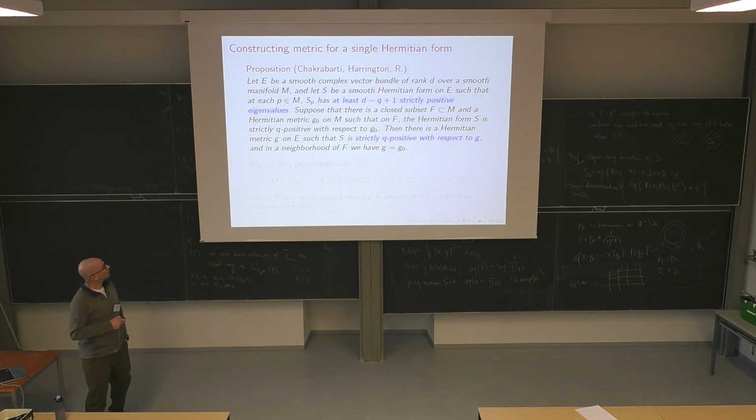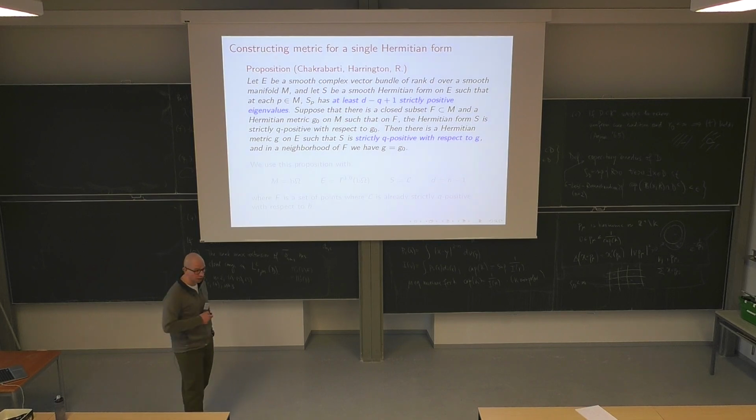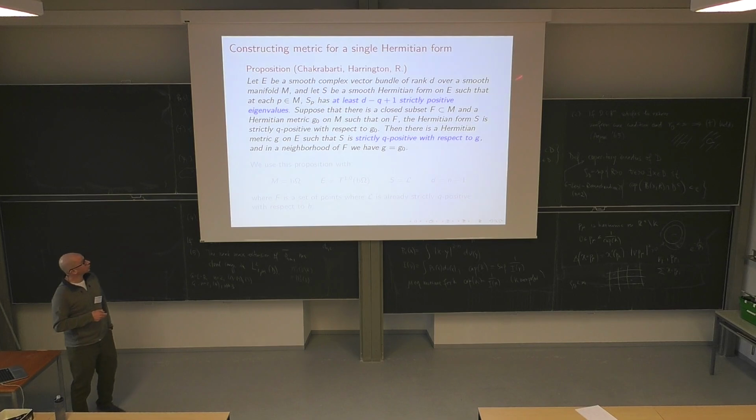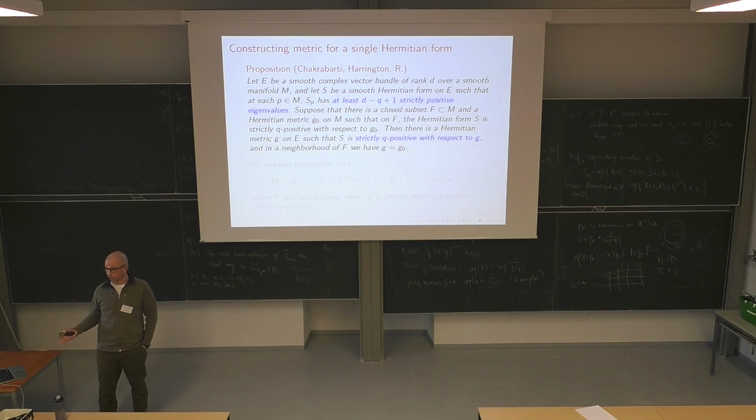And we suppose that there's a closed subset F and a Hermitian metric G naught on M such that on F, the Hermitian form is already what we want. So on F, it's already strictly Q positive with respect to G naught. And what we prove is there is a Hermitian metric G on E such that S is strictly Q positive with respect to G, and in a neighborhood of F, G agrees with G naught.